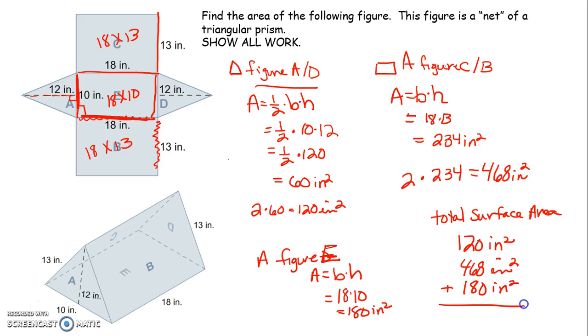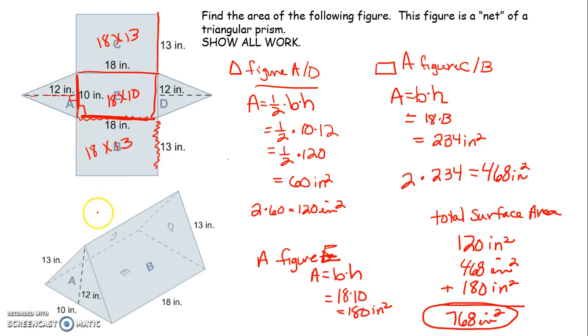We just add those all up. That gives us our total surface area. 120 plus 468 plus 180 is 768. So 768 square inches is the total surface area of this triangular prism.